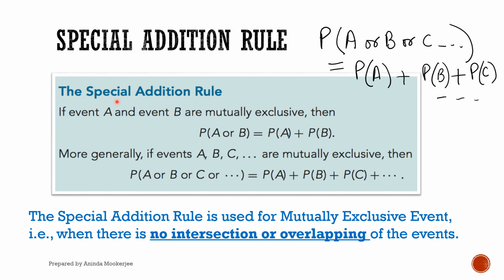There cannot be a situation where both A and B can occur at the same time. For that, we will have to use a different rule we'll learn shortly. So again, keep in mind the special addition rule is used for mutually exclusive events, and all you do is find the probabilities of each event independently and then add them up.